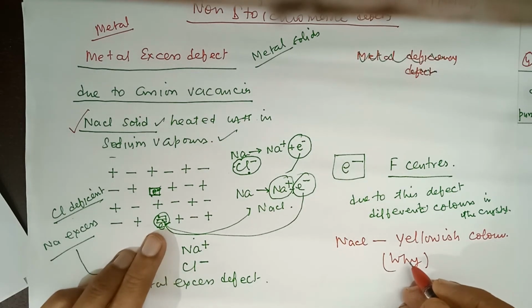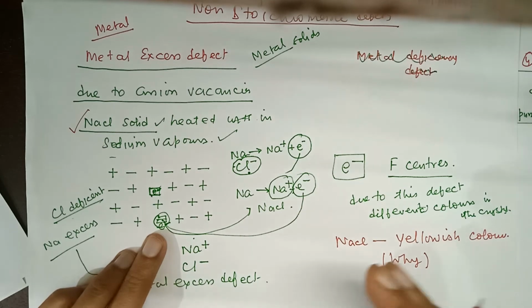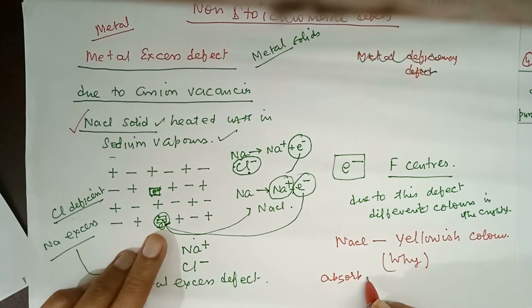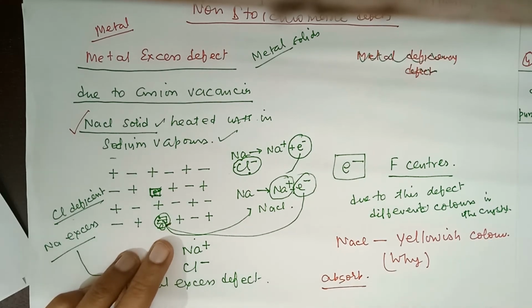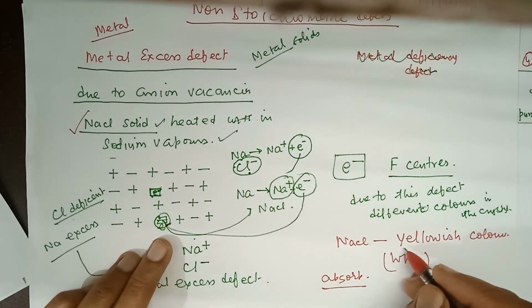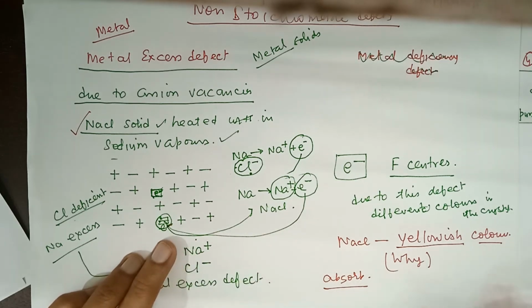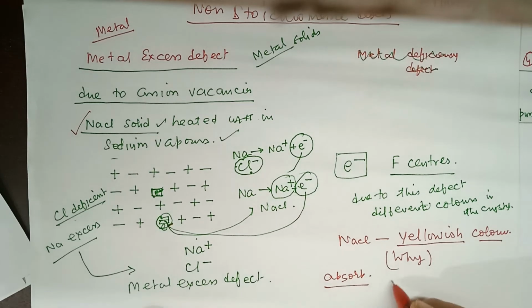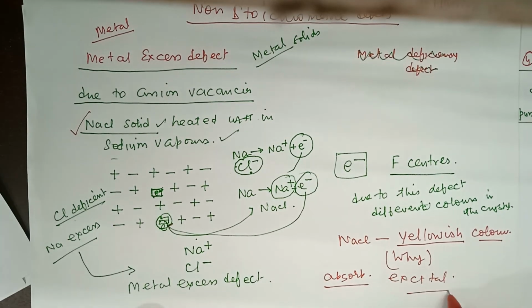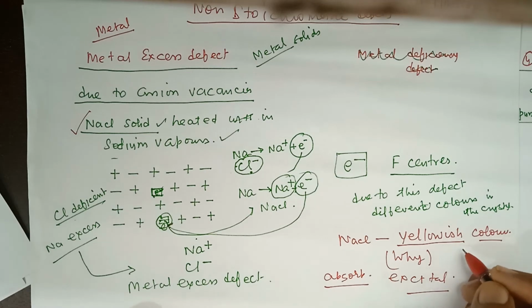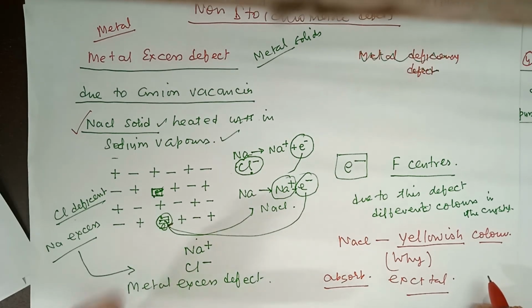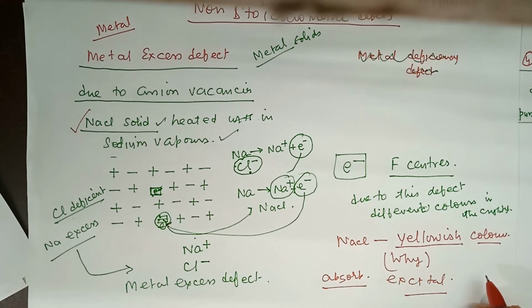Because of the energy in light, these electrons absorb the wavelength of the light, and yellow color is not absorbed by these. The other parts of the light are absorbed by these electrons for excitation, and the left part, yellow color, is left, and we see a yellowish color of the sodium chloride.